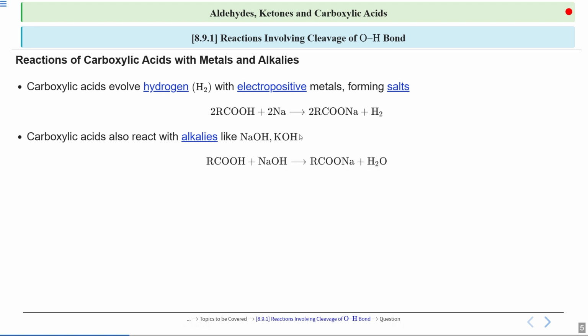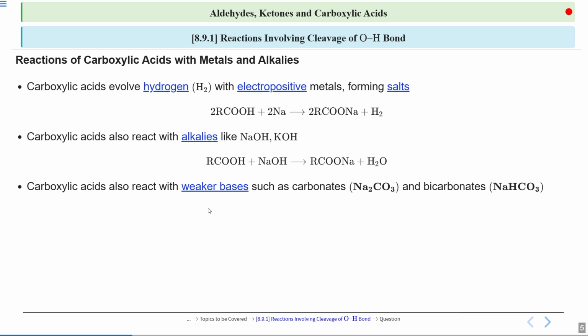If you look at this equation between a carboxylic acid and sodium hydroxide, the carboxylic acid reacts with the base, sodium hydroxide, to form a sodium carboxylate salt and water. So this is a typical example of an acid-base neutralization reaction.